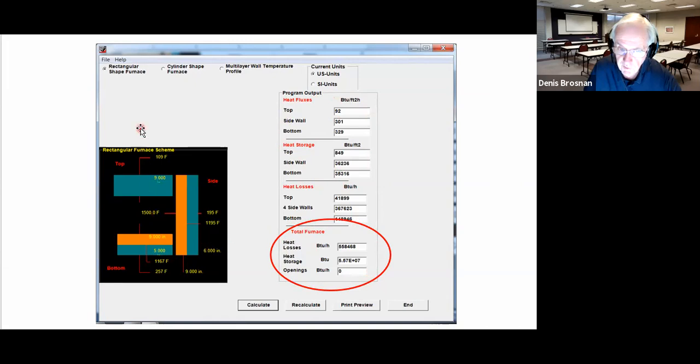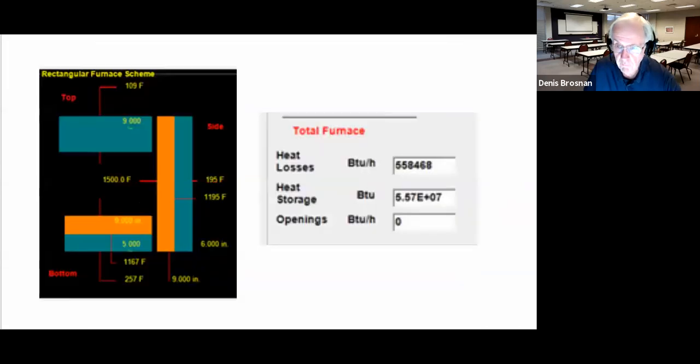So we know that we're going to have heat transfer and storage through the crown, through the sidewalls, and through the hearth. So we've got to look at all those. And so here's the total furnace in terms of the temperatures that you expect: outside, bottom, top, inside, interface temperatures here. They're given to you in the program.